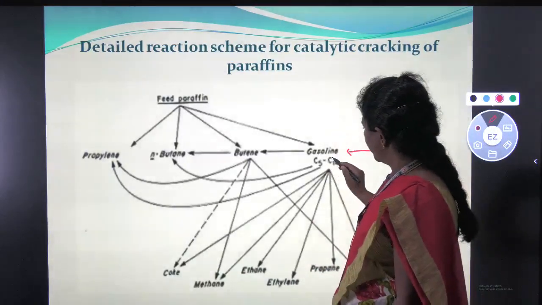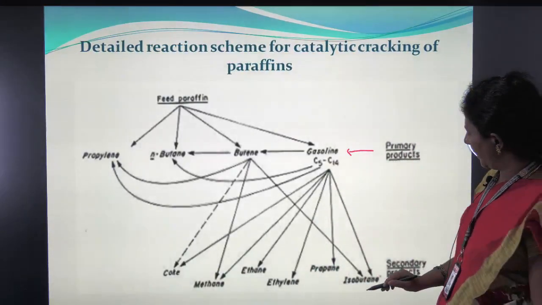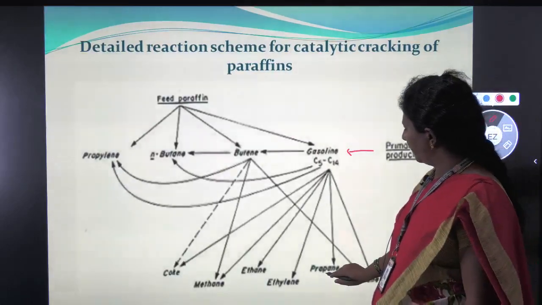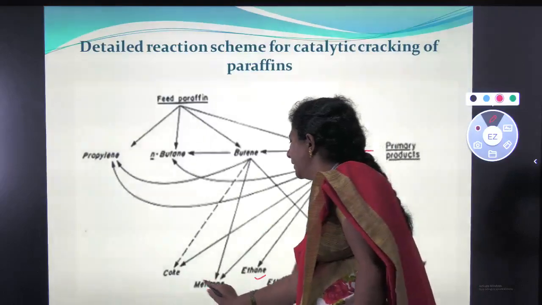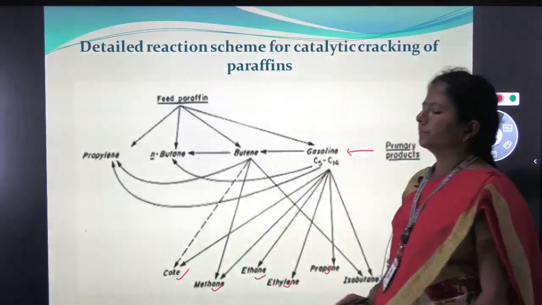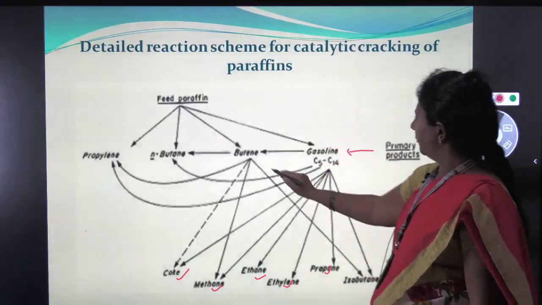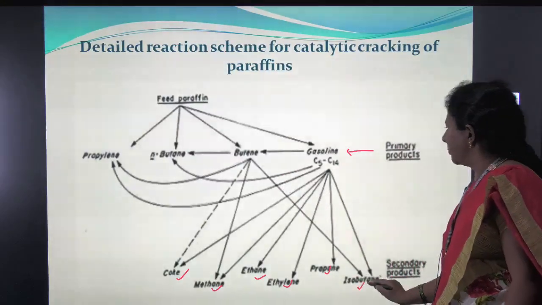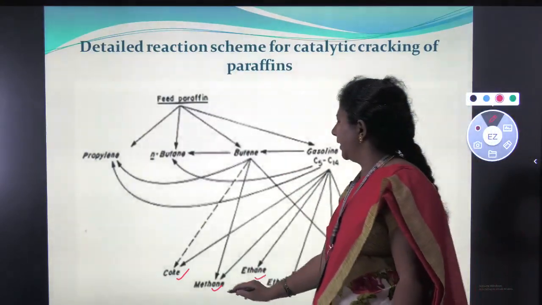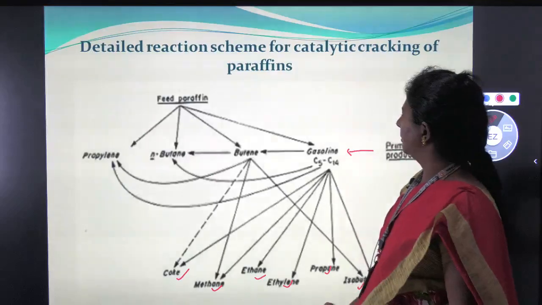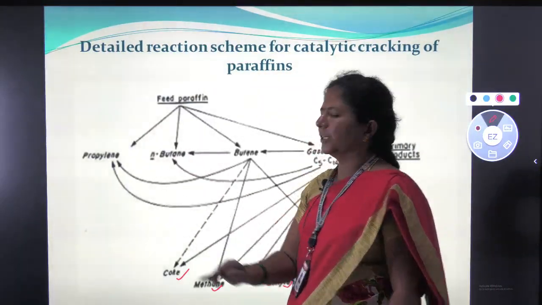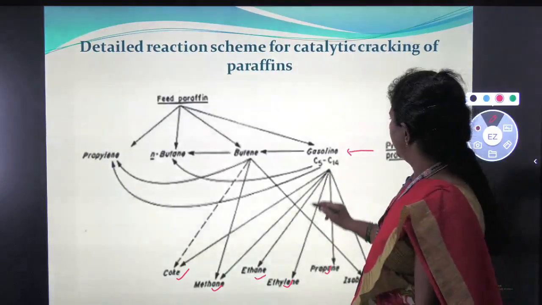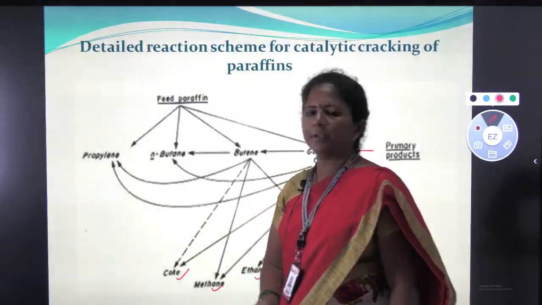If we take gasoline, the possible secondary products are isobutane, propane, ethylene, ethane, methane and coke. From butene we can get isobutane, methane and coke. And similarly from gasoline we can get N-butane directly as a primary reaction, and from gasoline we can also get propylene.